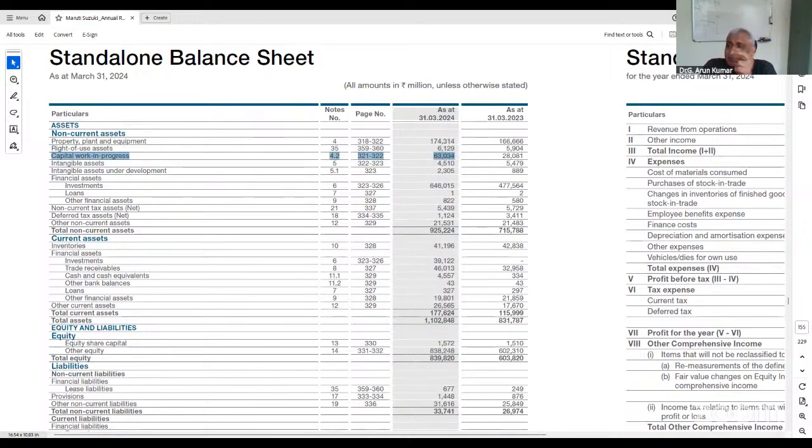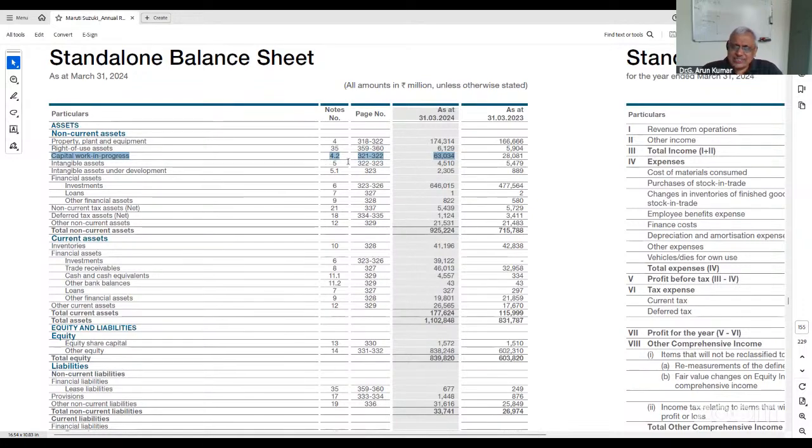No, it is not a building because it is not complete. It is a semi-finished building, so I call it capital work in progress. That is capital expenditure that I'm making, but it is only in progress as of now.